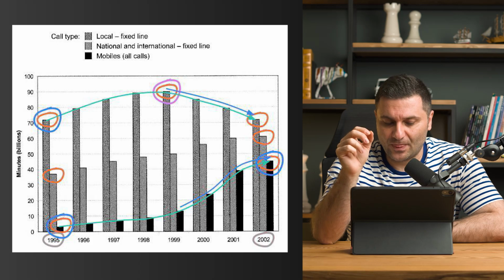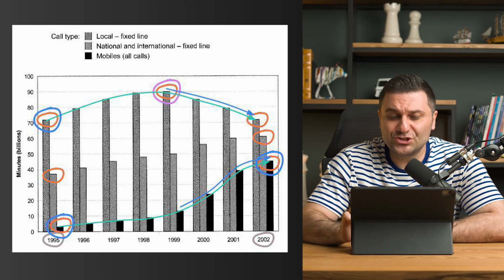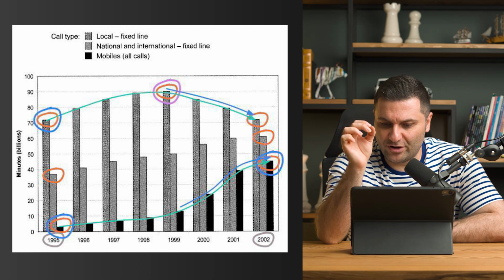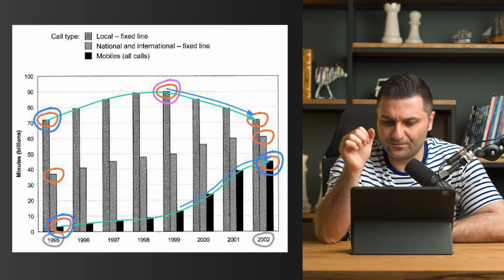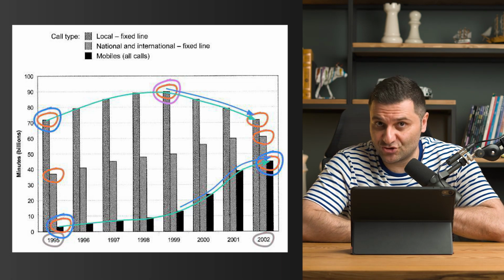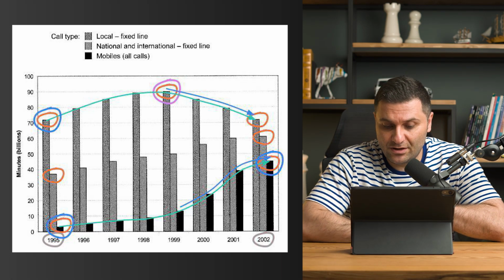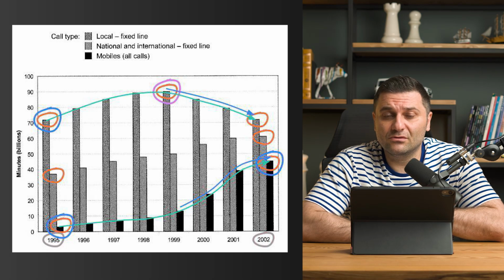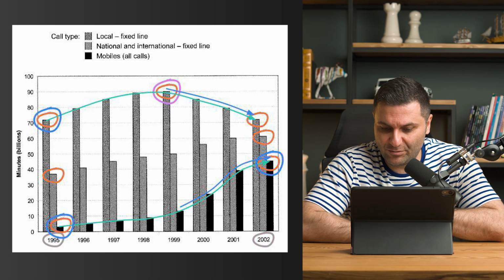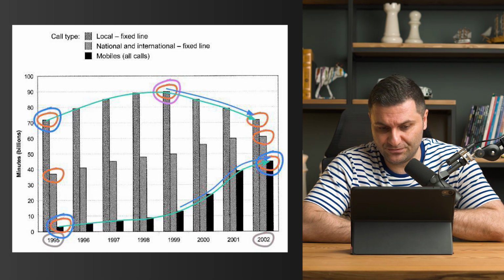First of all, I want you to take a look at this bar chart that you see in the video. Here we have a bar chart and it is a trend chart because on the horizontal line, we have dates from 1995 to 2002.